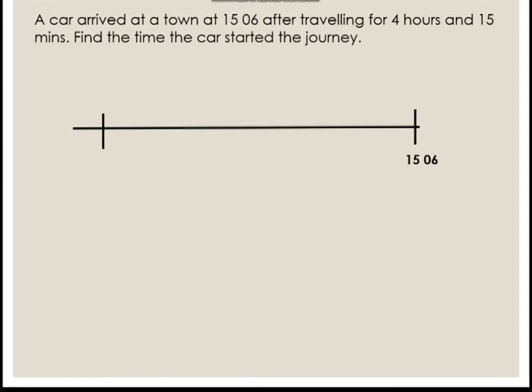After 11:06, I'm going to jump a little bit till 11:00 to have a round figure. So I moved 1 hour, 1 hour, 1 hour, 1 hour, which is equal to 4 hours. And then the jump to 11:00 is 6 minutes.